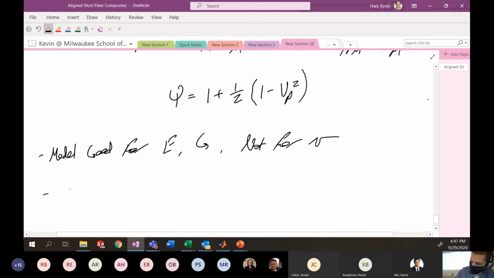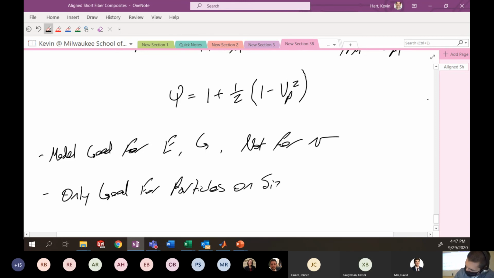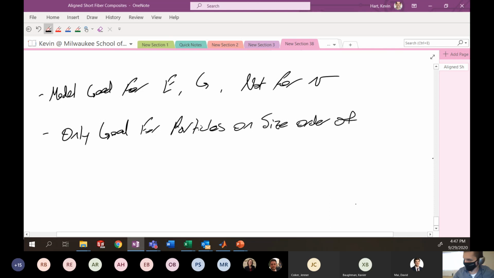Also, it's only good for particles on size order of 1 micrometer to 1 millimeter. It breaks down with nanoparticles.